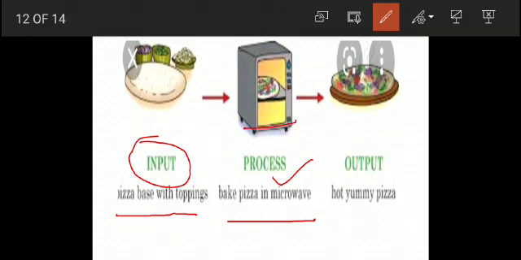See here in the microwave, everything we have put and we have turned on the microwave. What's going on? It's baking the pizza. This means processing is going on. And now we get a yummy pizza. So see, in the plate, or when your mom serves you the yummy pizza, that is the output. So this process also involves input, process, output.